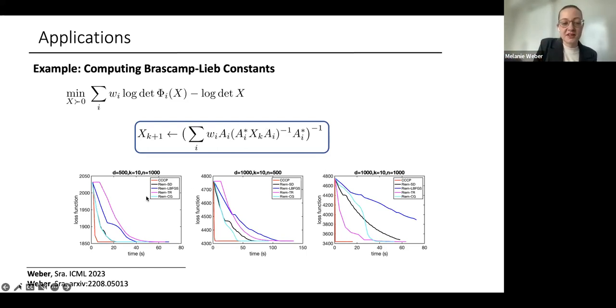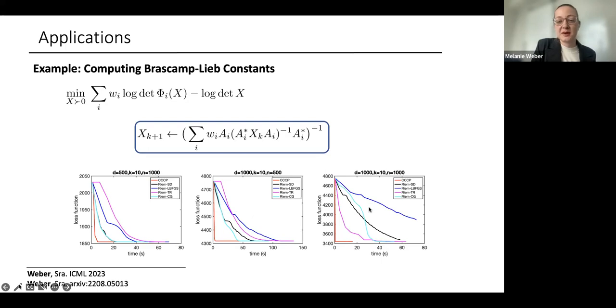If we implement this, we have some results down here. Again, the red line corresponds to an implementation of this fixed point iteration, and the other lines are state-of-the-art Riemannian optimization methods. We see here that the CCCP procedure is very competitive.